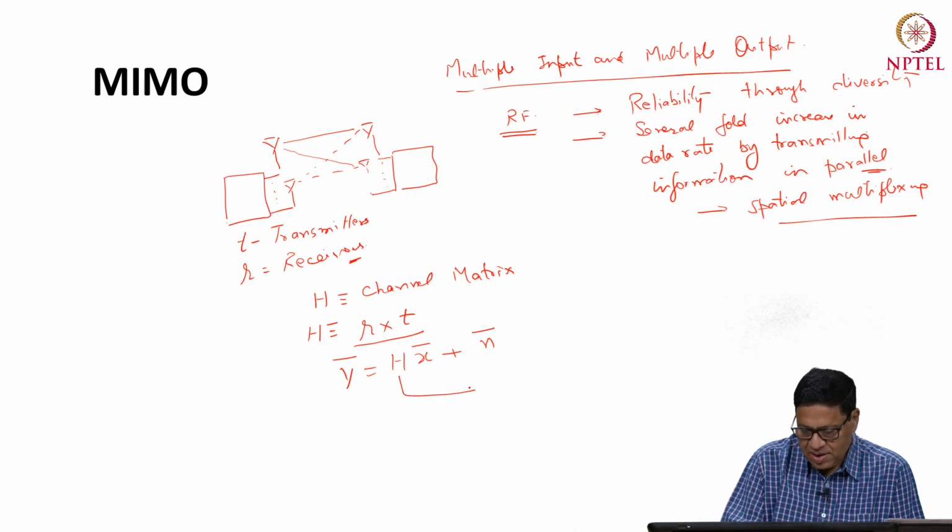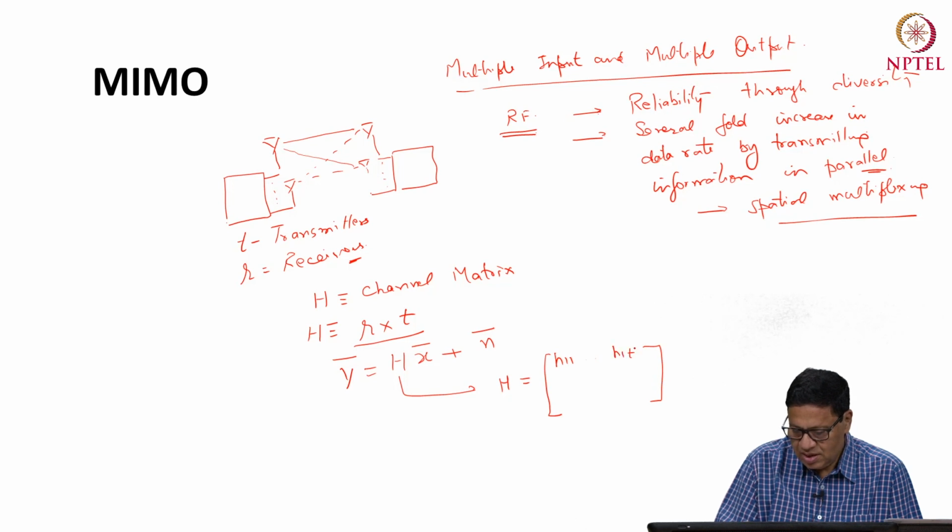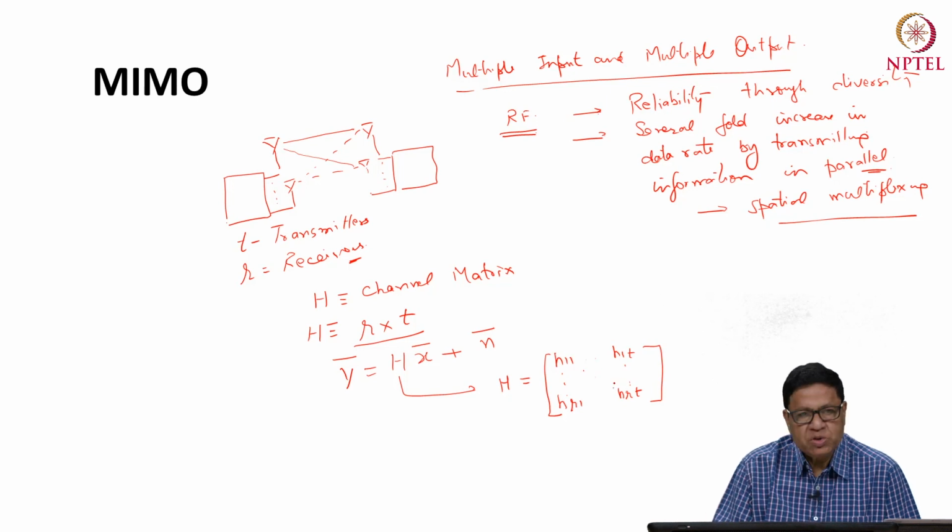So this channel matrix can be written as an R cross T matrix, starting with H11, H1T, down to HR1 and HRT. So basically H11 means receiver 1 and transmitter 1. So this is basically Hij.